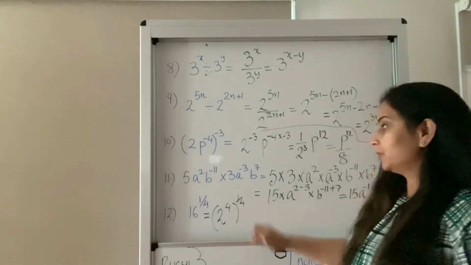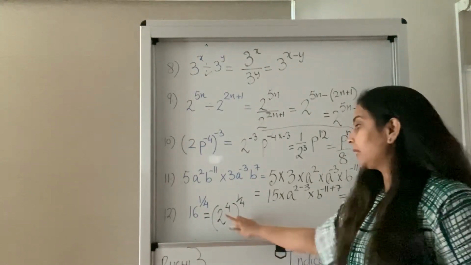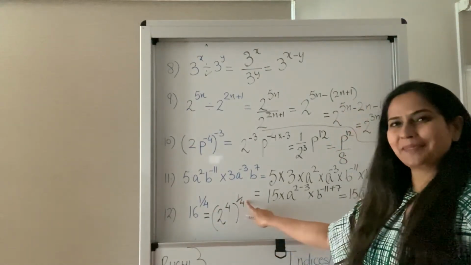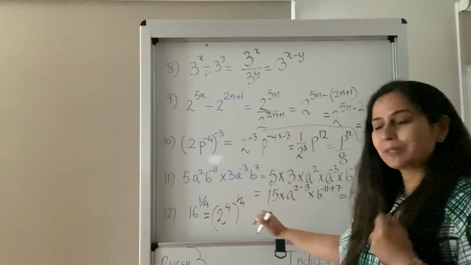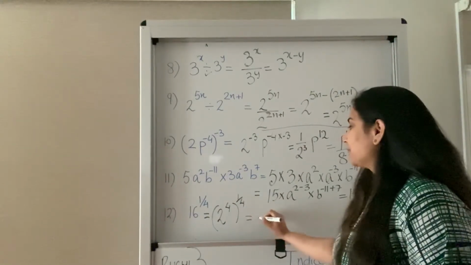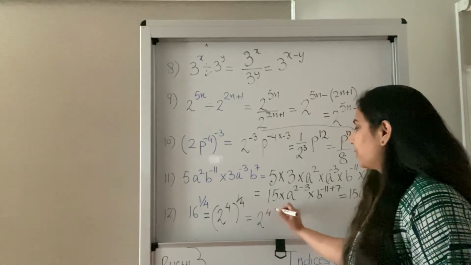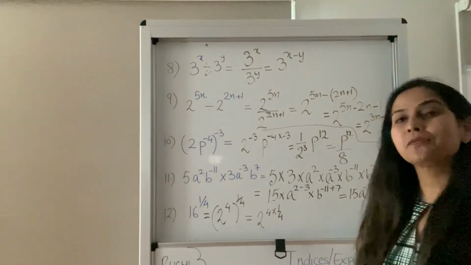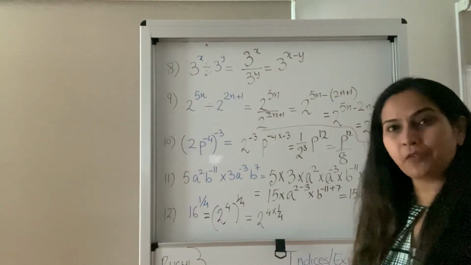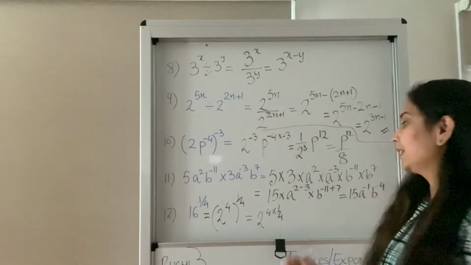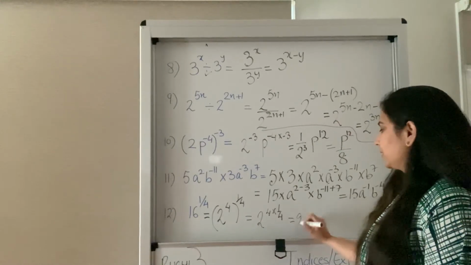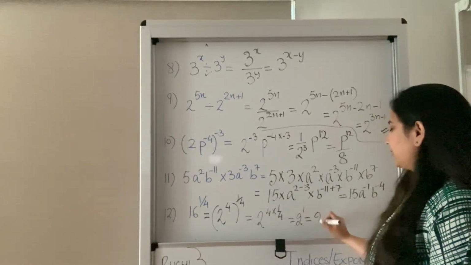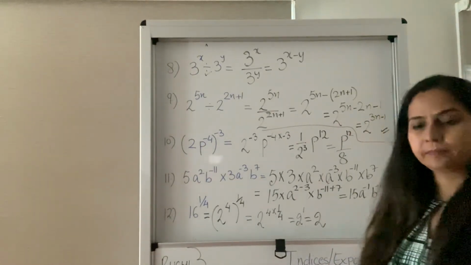Now this is the rule that when you have something in the bracket to the power something, then the powers are multiplied to each other. So this now becomes 2 to the power 4 multiplied to 1 over 4. And what is 4 times a quarter? That's just 1. So it's 2 to the power 1. So the answer here is 2.